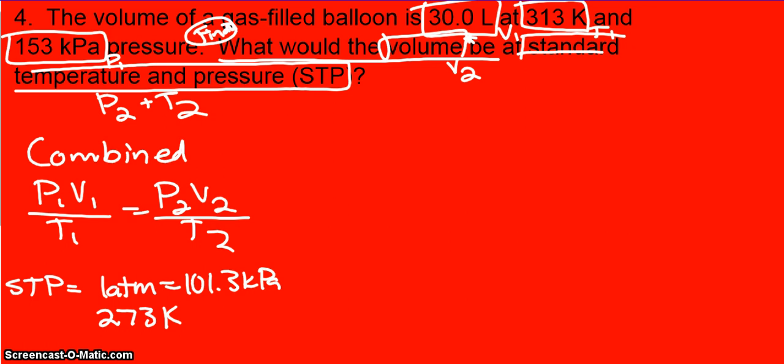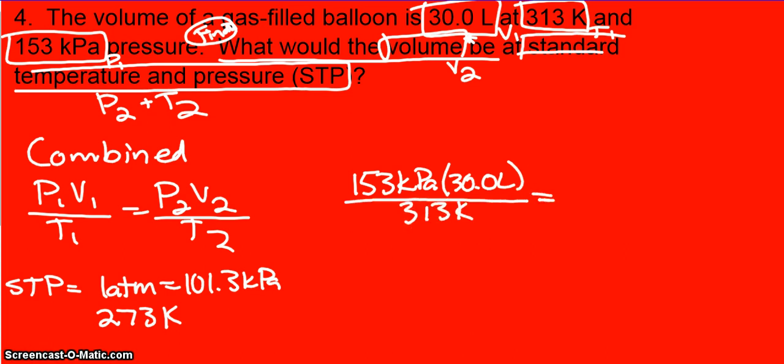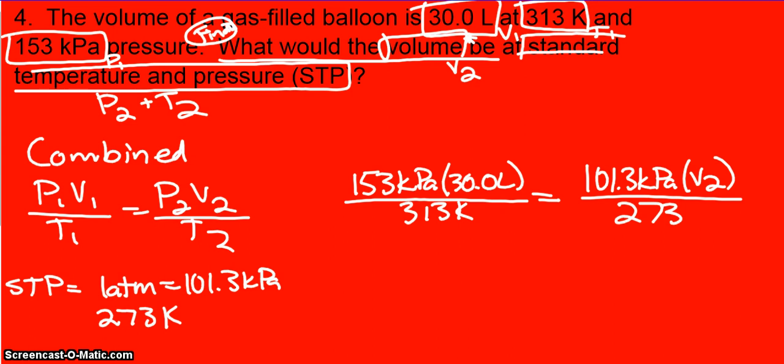So I'm going to begin plugging in my values. I am going to show cross multiply this time just for the sake of a different method, but multiplying and dividing the same thing on both sides will work.